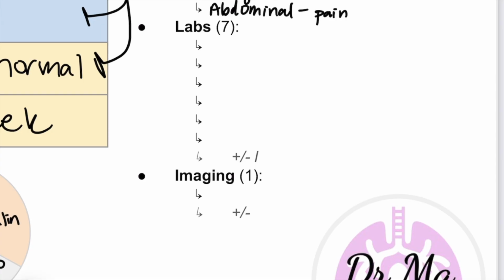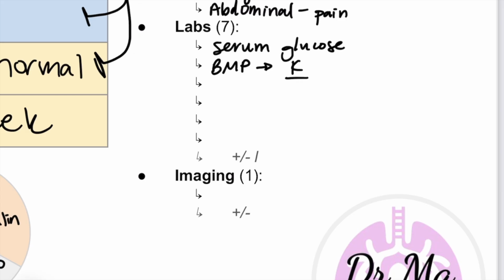After you finish your exam, you probably want to order some tests. There are 7 labs that are must-gets, and then there are some that we can consider getting. The ones that we should definitely get include serum glucose, a BMP, and the BMP will specifically tell us about what? I'm most concerned about electrolyte abnormalities. Look at the potassium. They may be hypokalemic, which puts them at risk for arrhythmias.